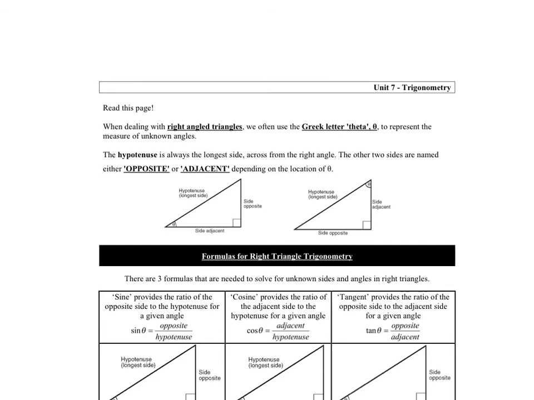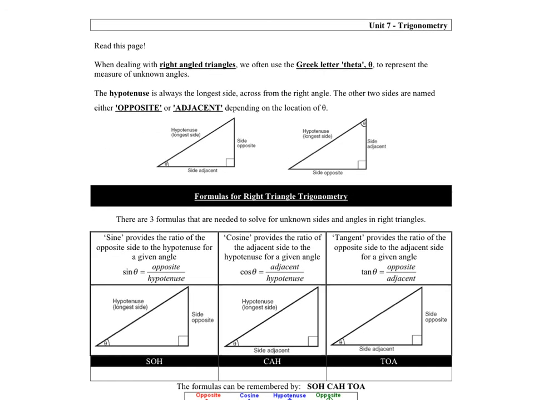Okay, the hypotenuse is always the longest side, and it's across from the right angle. The other two sides, opposite and adjacent, depend on theta. So if you look at these two examples, when theta is here, this is my opposite, that's adjacent. But if theta is up at this corner, then this is my opposite and that's adjacent. So they actually flip. But regardless of the example, the hypotenuse is always across from that right angle.